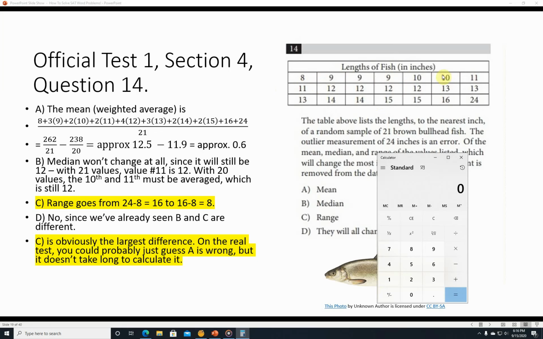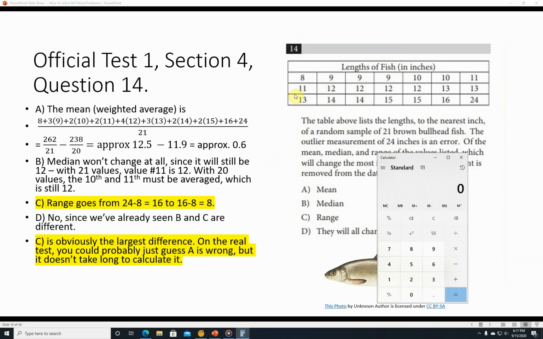The average of these two, 10 and 11, is still 12, because it's just 12 plus 12 divided by 2. Even if I missed by 1, it wouldn't matter. These are all 12. The average of the two has to be 12. So B won't change at all.